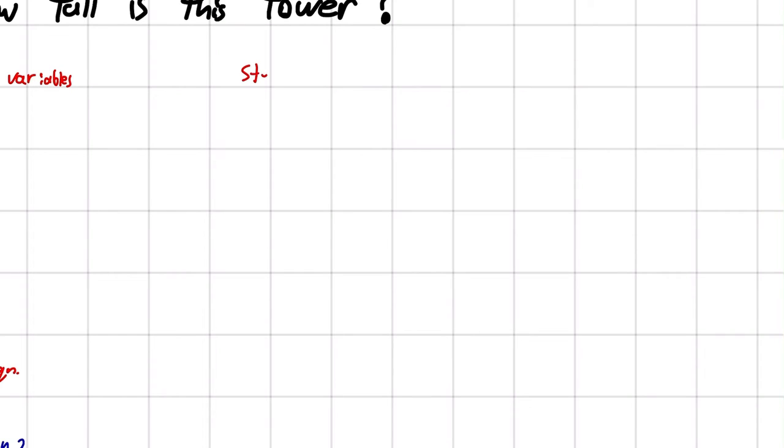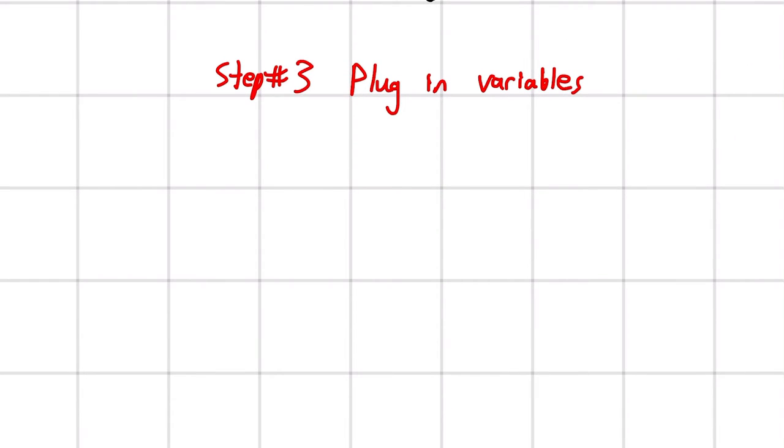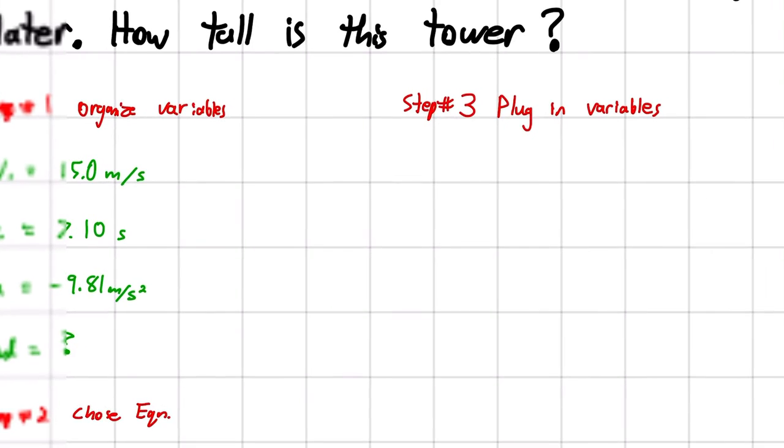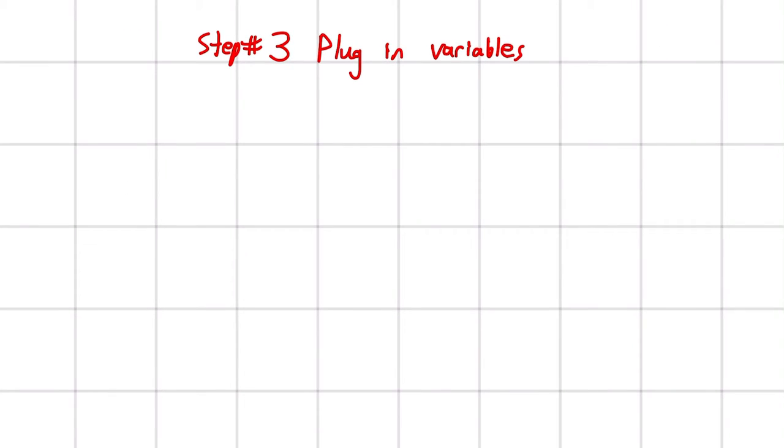That brings us to step number 3, where we plug in the variables. So rewriting our equation from the chart, delta d is equal to v1 times t plus 1/2 a t squared.